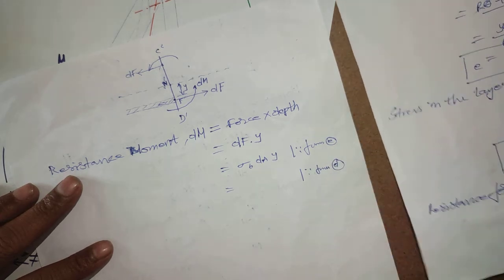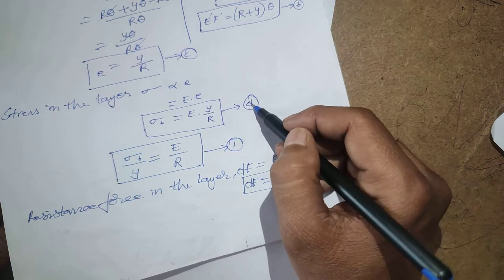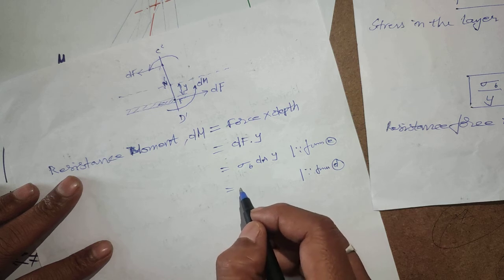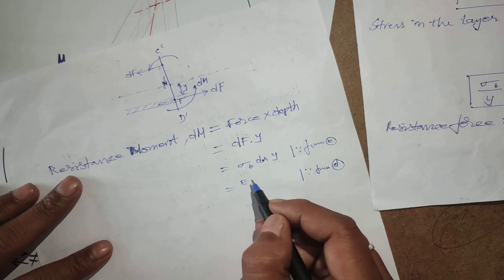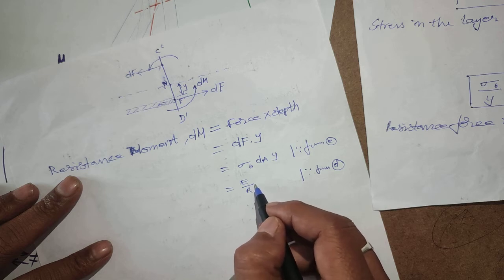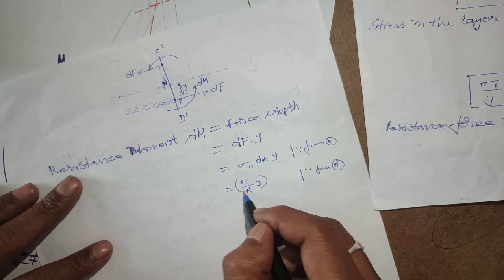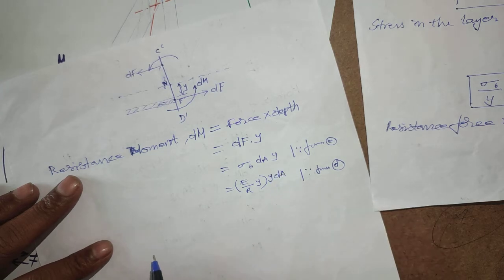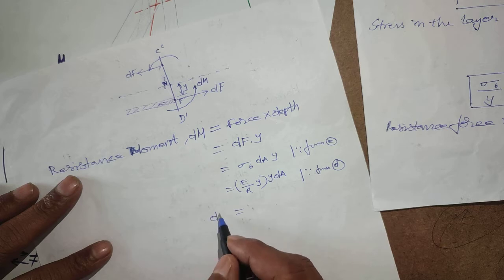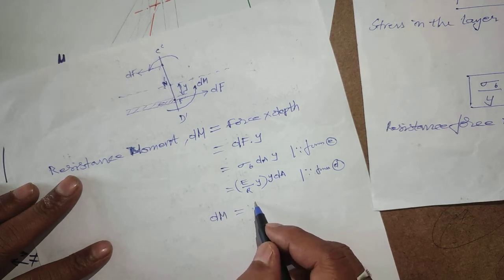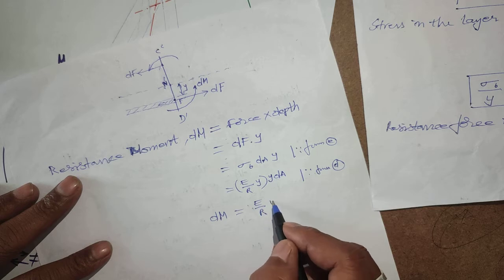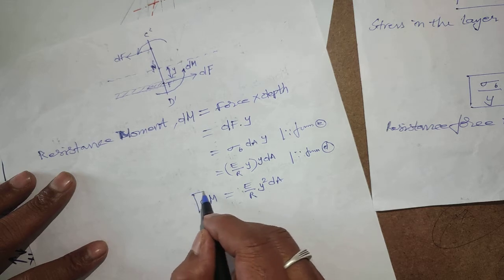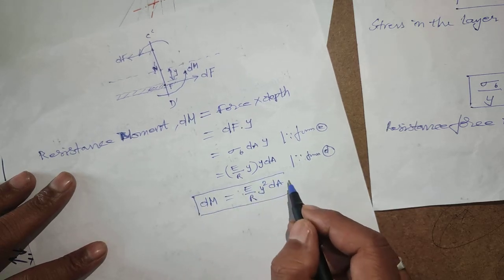This is equation D, this is equation E. Substitute these two here. Sigma b is E by R, so E by R into y dA. You can write it as dM is equivalent to E by R into y square dA. This is equation F.